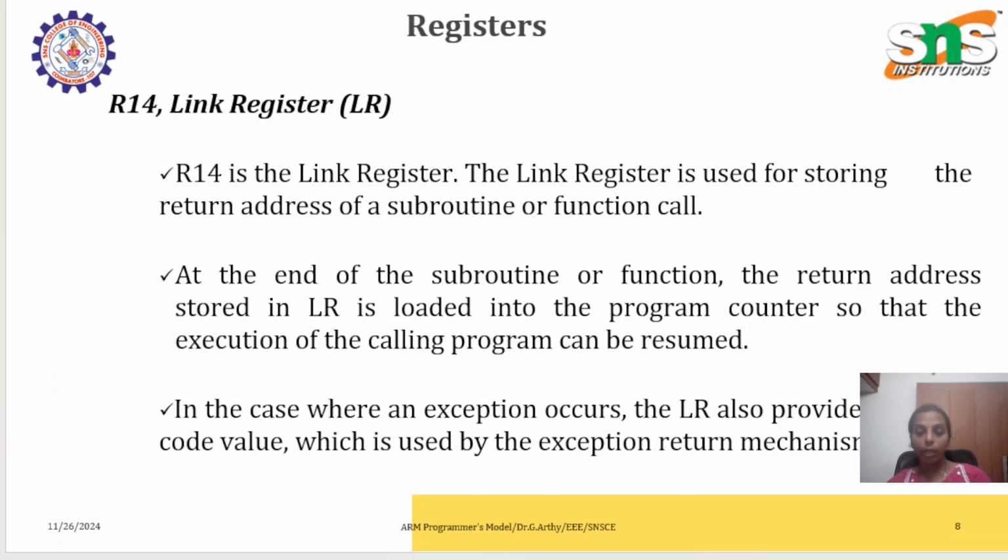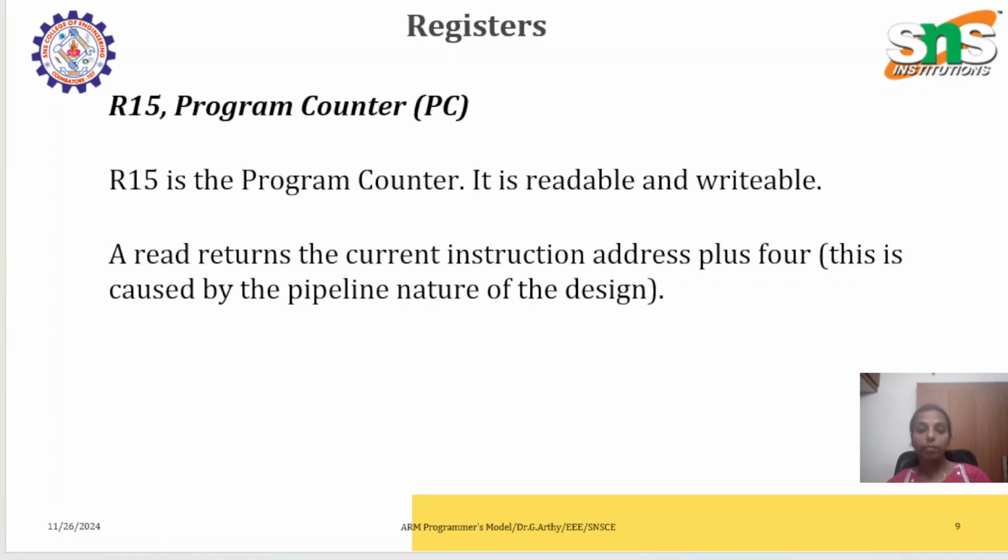In the case where an exception occurs, the link register also provides a special code value which is used by the exception return mechanism. Then we have another register which acts as a program counter, that is R15, which is readable and writable. Reading returns the current instruction address plus 4, because of pipelining, right?